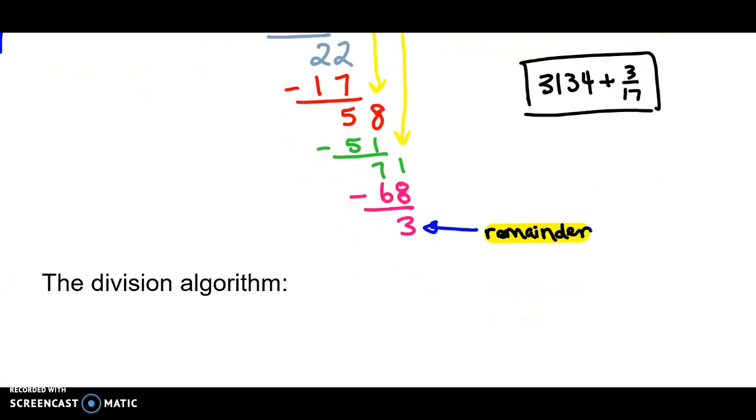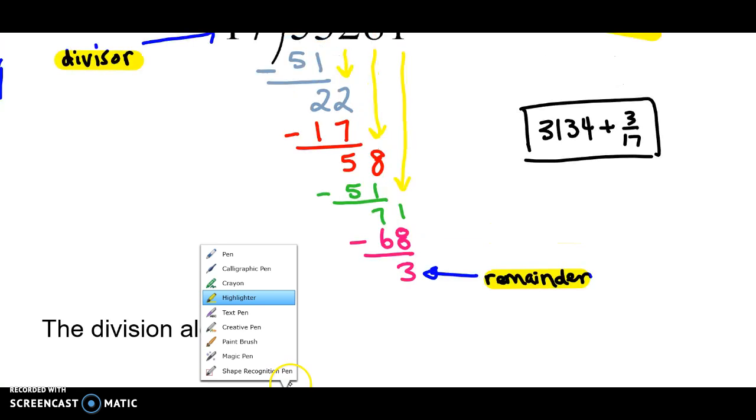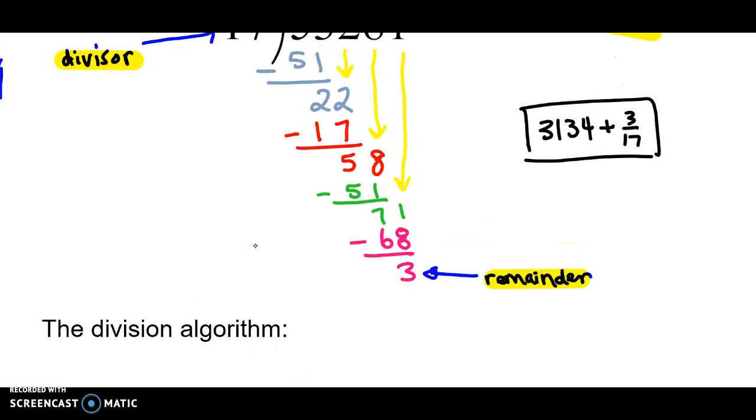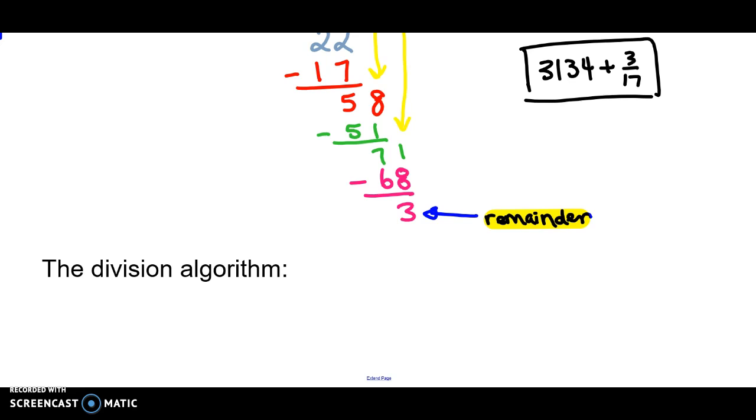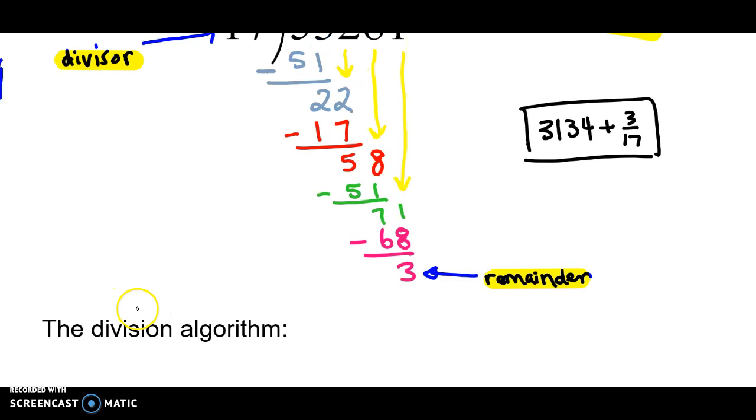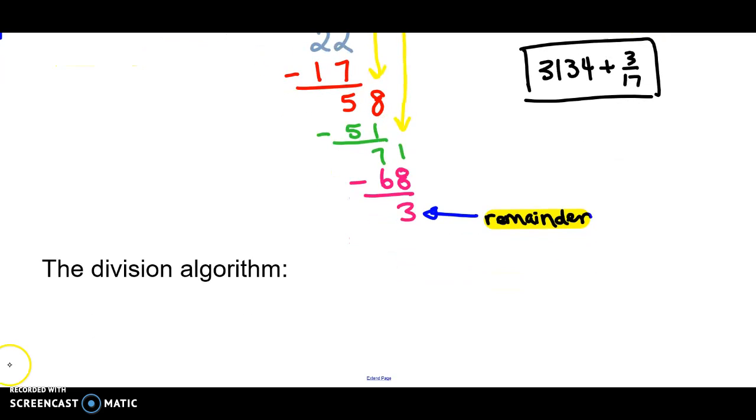So we could also rewrite this in a different way as well. So this was our original dividend.